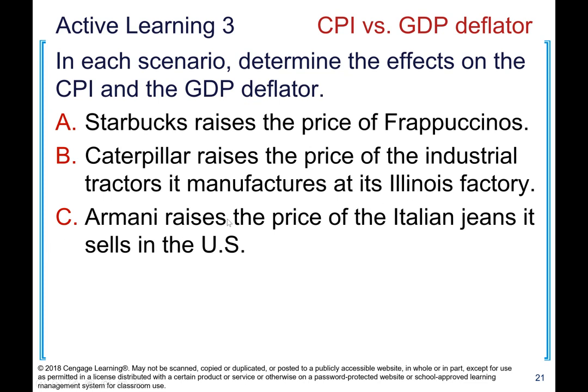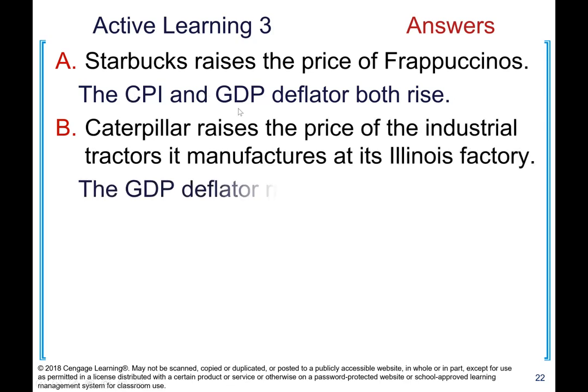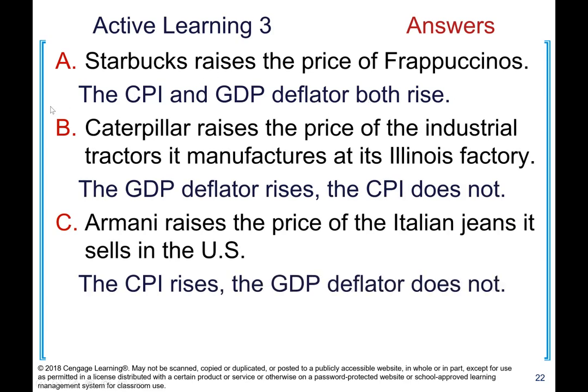Number C, Armani raises the price of the Italian jeans it sells in the United States. Number A, Starbucks raises the price of Frappuccino. The CPI and GDP deflator both rise. Starbucks is made in the United States and consumers purchase it, so it affects both GDP deflator and CPI.